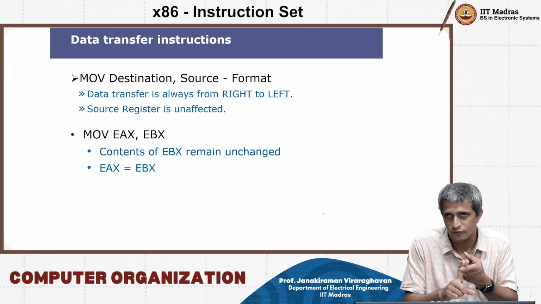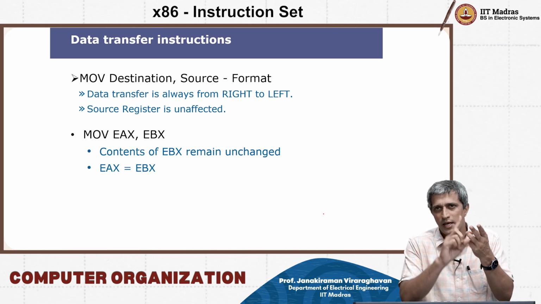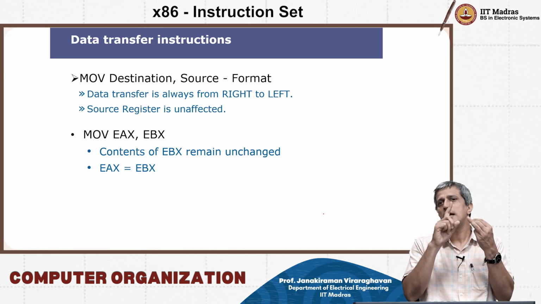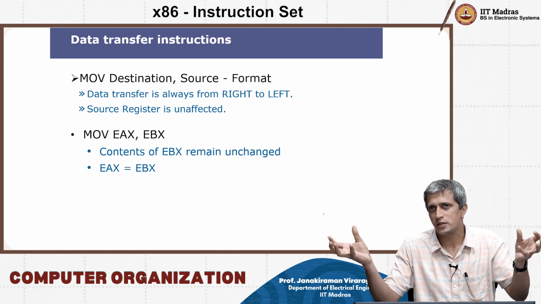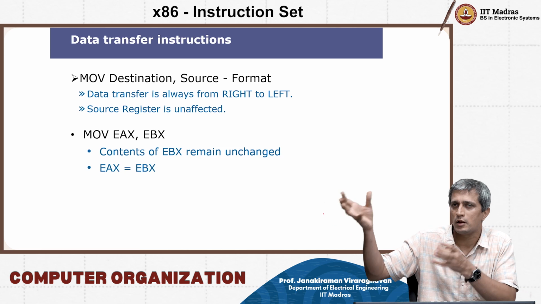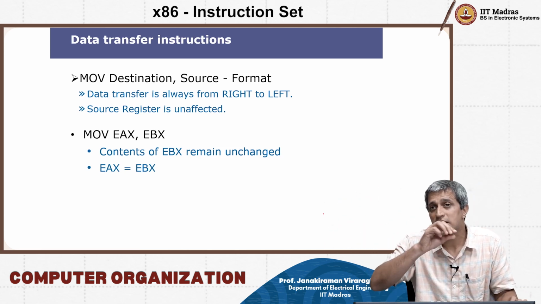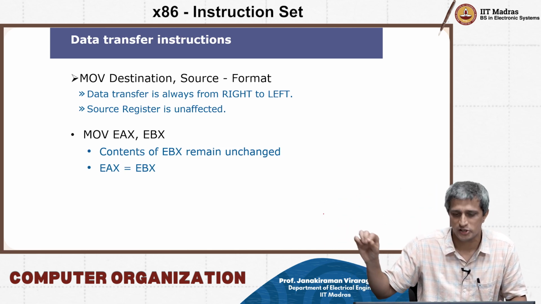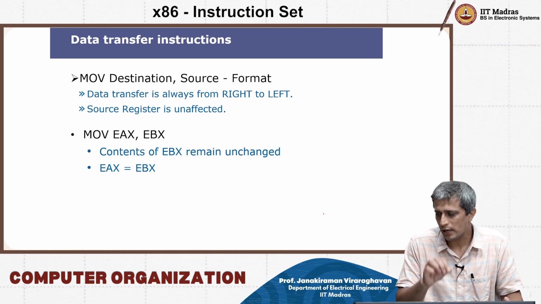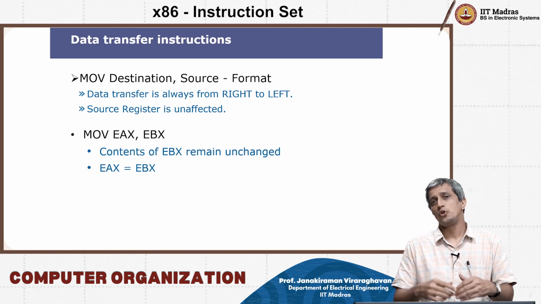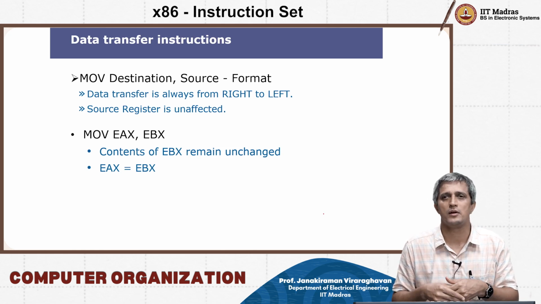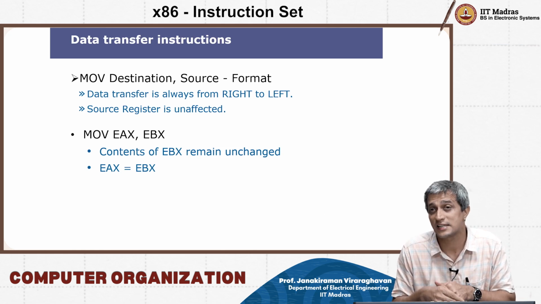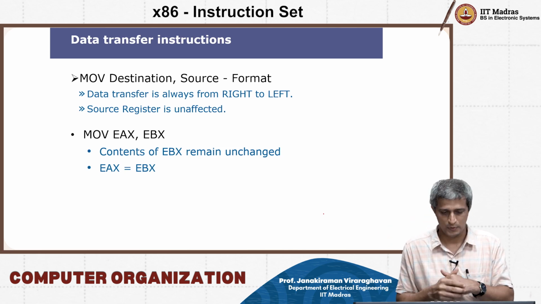It's a data transfer operation, with EBX as the source and EAX as the destination. Something that encodes all this information will be available in memory as a binary representation for this mnemonic. You put a bunch of these assembly instructions together and that's what we call an assembly program.